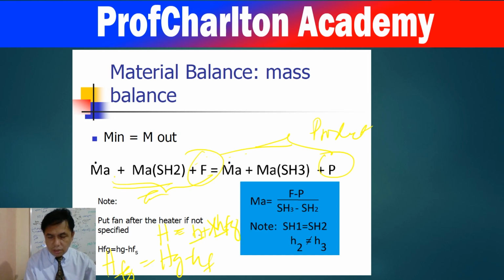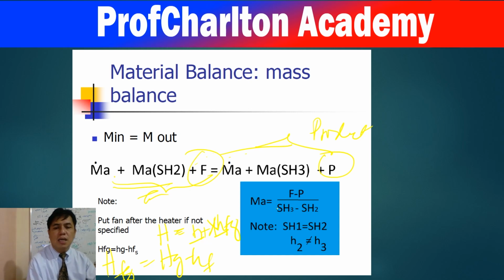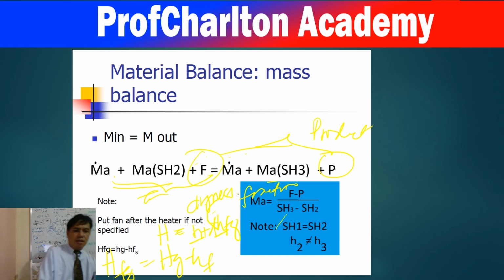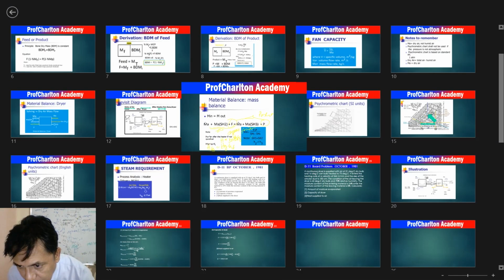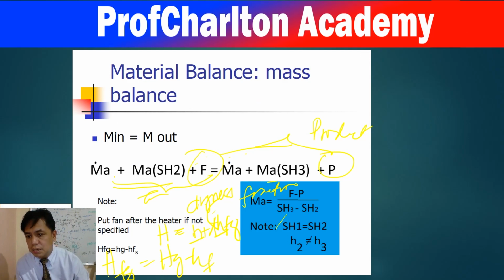This formula revolves around H equals Hf plus X HFG. This X here is the quality of the steam, also called the dryness fraction. So this is the formula for the material balance happening inside the dryer. Let me clear that.